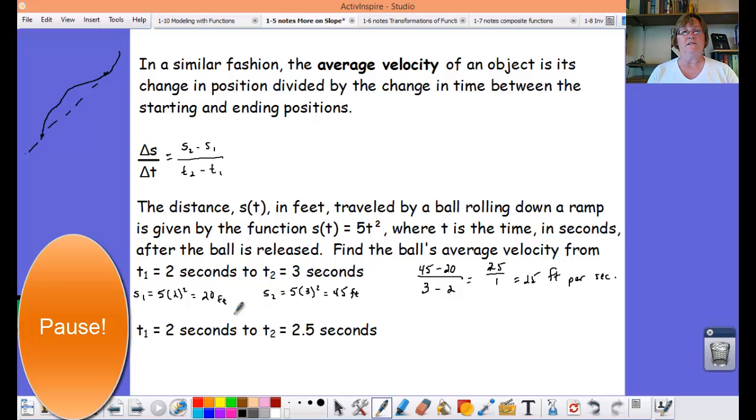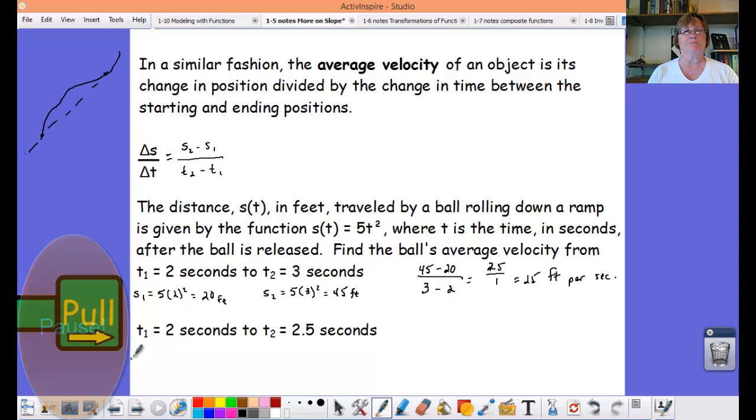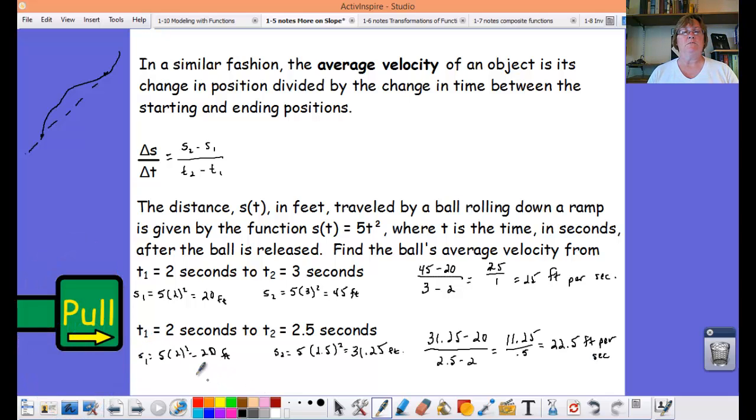I'm going to ask you to pause the video and do the same thing for this interval between 2 seconds to 2.5 seconds. Here's my work for that problem. Again, the initial time, 2 seconds, was the same, so that first placement, 20 feet from the start, is the same. When 2.5 seconds have gone by, following the rule up here, the distance traveled would put it at 31.25 feet.